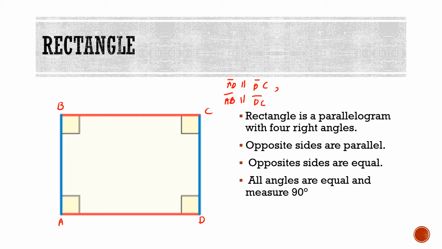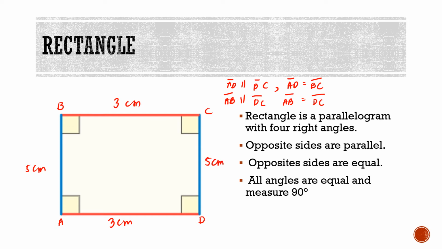So we can write this as side AD is equal to side BC, and side AB is equal to side DC. So if BC measures 3 cm, AD also measures 3 cm. If AB measures 5 cm, DC also measures 5 cm.